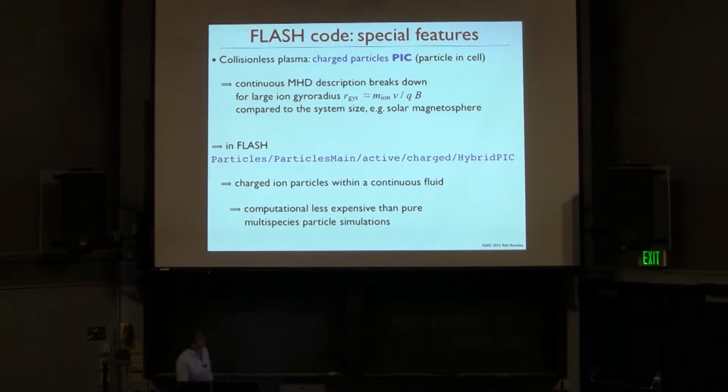And hence you do what is called a hybrid simulation. You combine your fluid, your MHD essentially, with a particle approach, where you just solve Newton's equation for each particle. So this module also exists, and you are free to, of course, test it out.